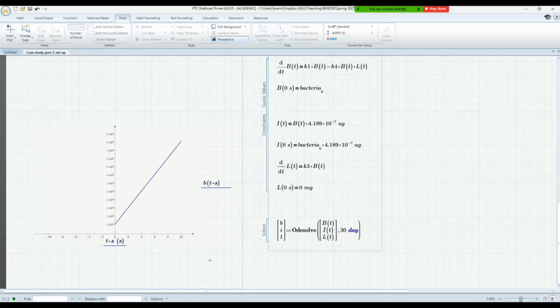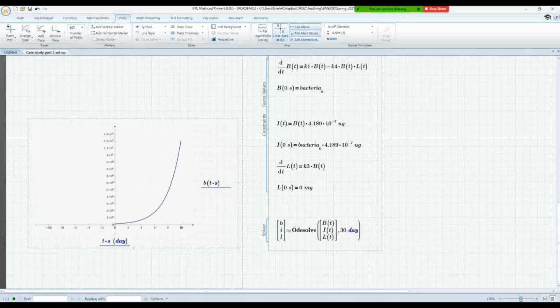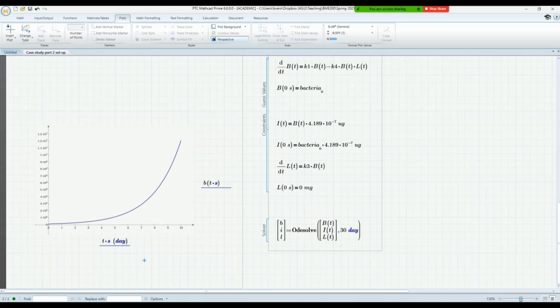All right, so let's look what it does in days. Those numbers that I had, you can see that the number is shooting up from 1 times 10 to the 5th up to 1.3 times 10 to the 7 in 10 days. We did for 30 days, so let's see what happens.